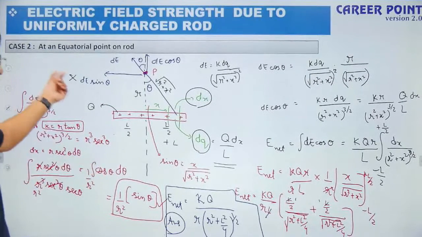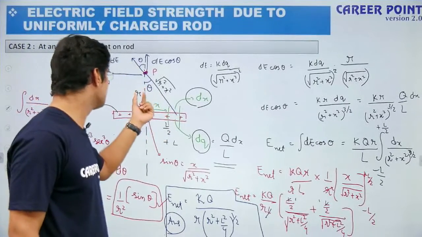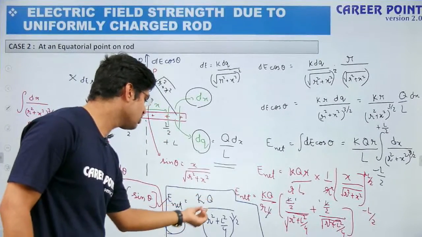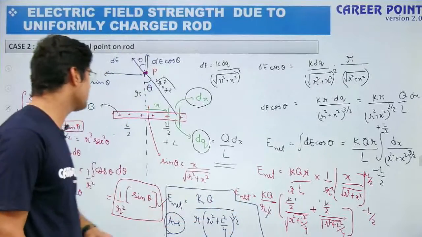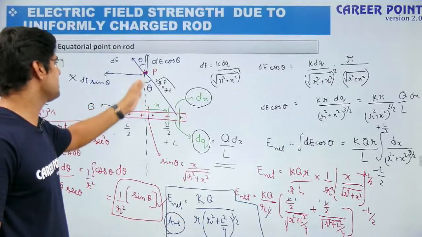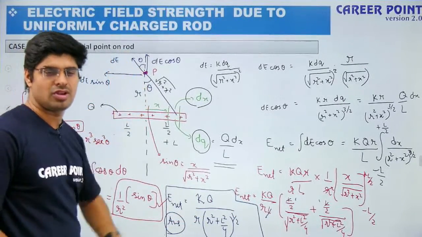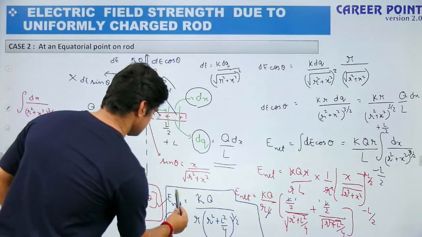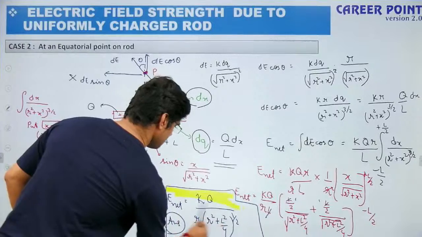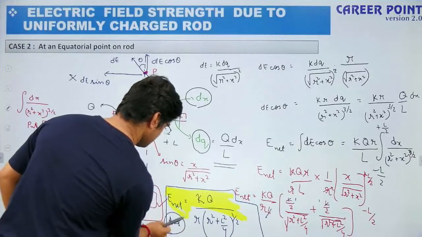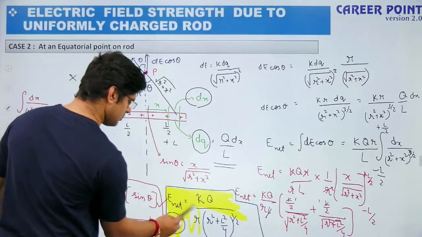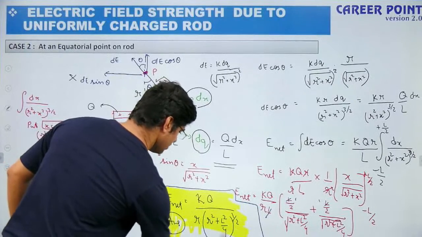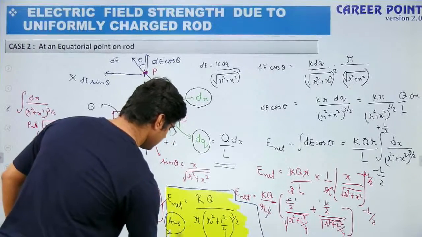So the answer for electric field at an equatorial point on the rod will be given by KQ upon R into (R square plus L square by 4) raised to power 1 by 2, if the point is located at a distance R from the rod. Okay. So let's proceed further. If this answer is not visible to you, let me highlight. So this is the answer for this particular case.